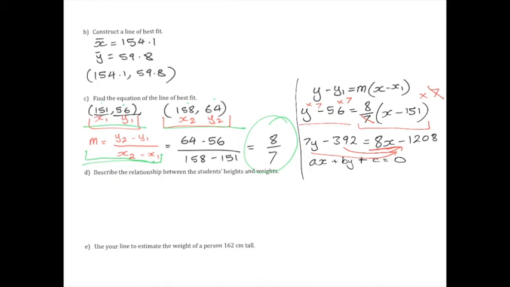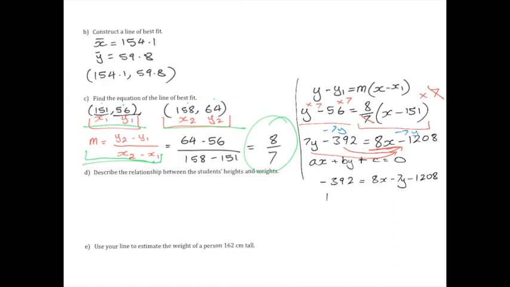So to do that, you might minus 7y to both sides. So like minus 7y, minus 7y. I'll just do one thing at a time. You get negative 392 equals 8x minus 7y minus 1208. Then what do I want to do to move the 392 over?